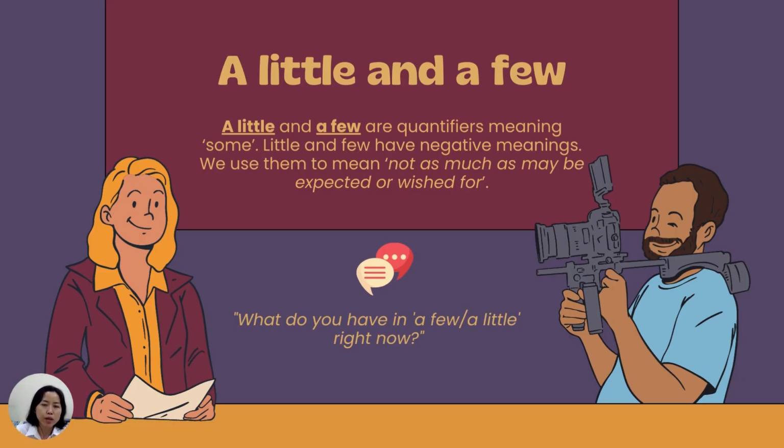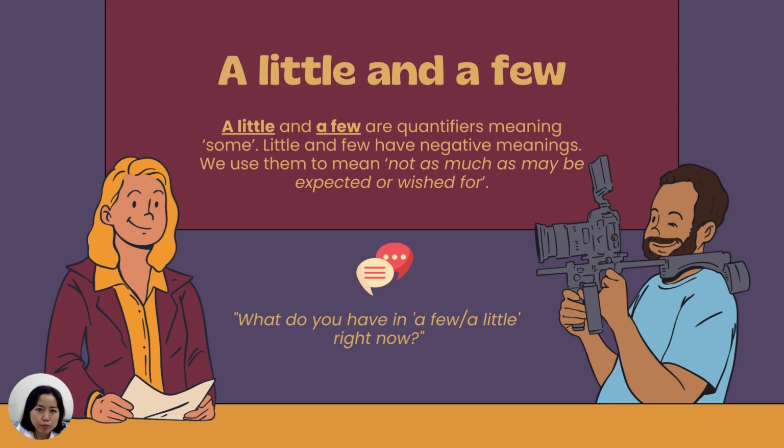Right now, we will move to the next quantifiers. We have a little and a few. A little and a few are quantifiers, which means some. Okay? Why do we need to use a little or a few when the quantifiers mean the same as some? Well, little and few have negative meanings.